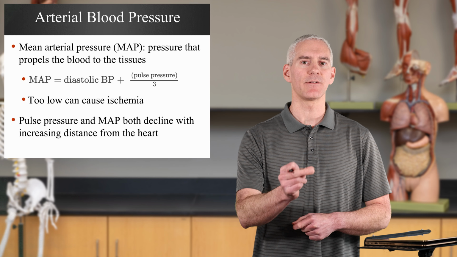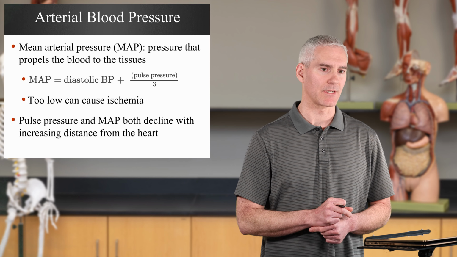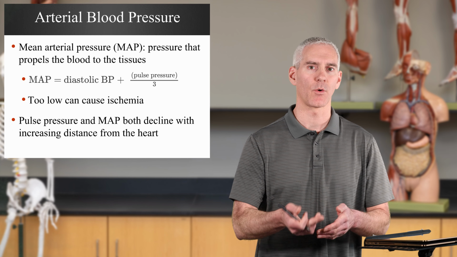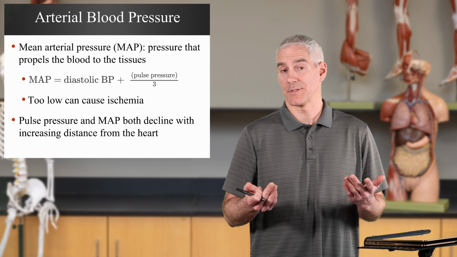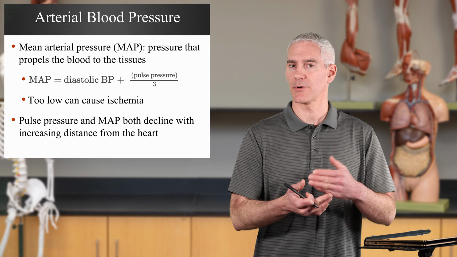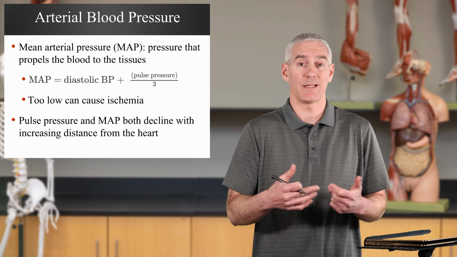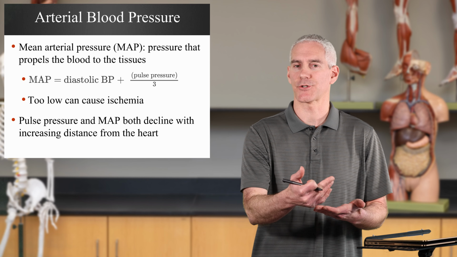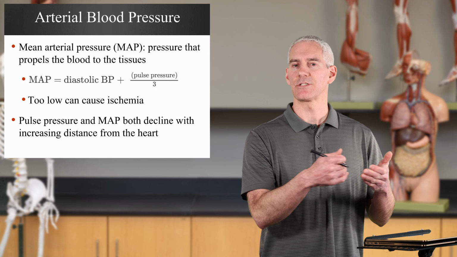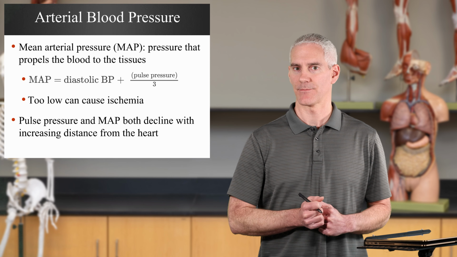But now, as you get further and further away from your heart, both your pulse pressure and your mean arterial pressure are going to decline. Well, because think about it, as you get further away, the pressure drops, but also the pulse pressure dissipates. It goes down to basically nothing. You don't have a pulse pressure by the time you reach the arterioles. So this will continue to decrease the further you get from the heart. So a little about how the mean arterial pressure is looking, as well as some other blood flow.